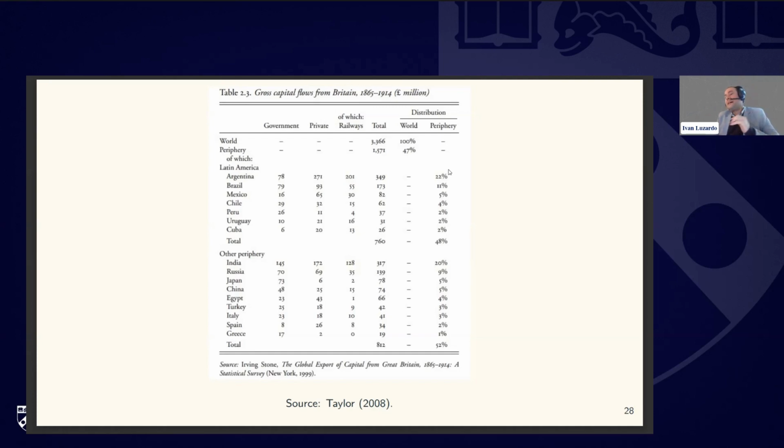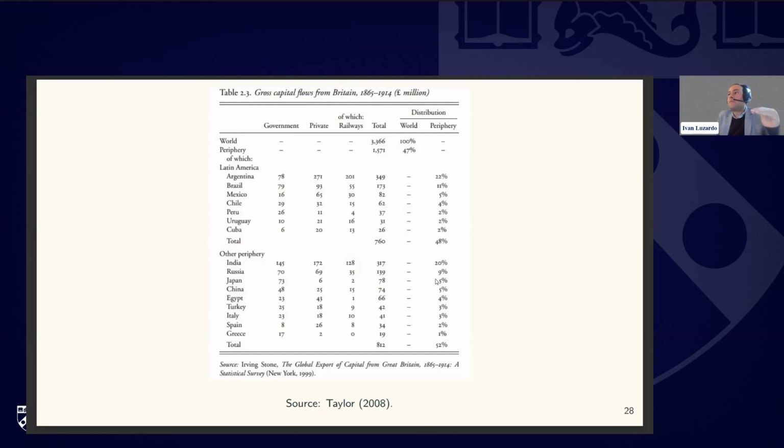A comparison that for me is very relevant to understand this period is comparing the case of Chile, a peripheral economy with a relatively small population, with the case of Japan. Japan has a larger population, but in terms of British foreign investment, they have a relatively similar level.